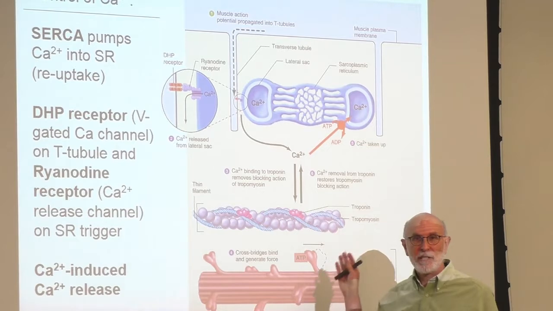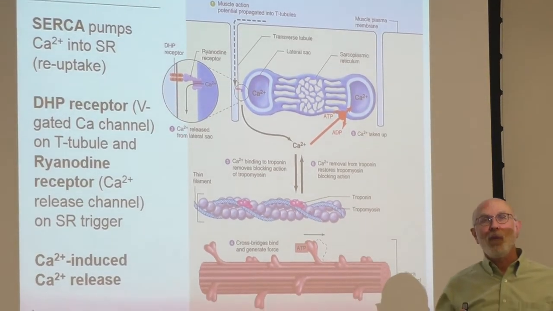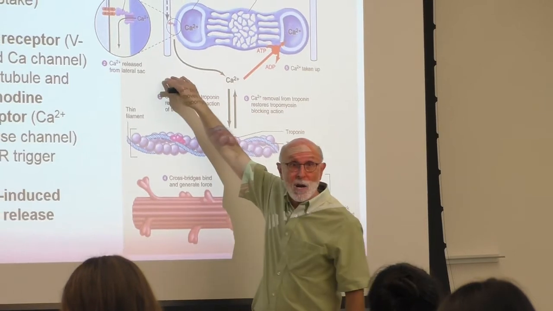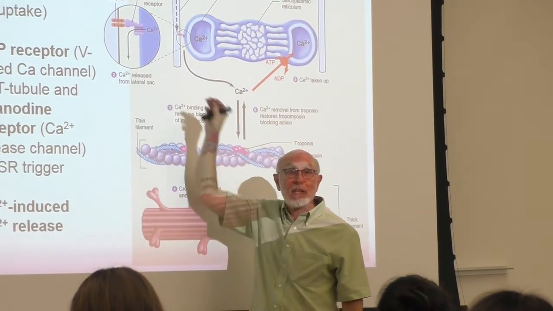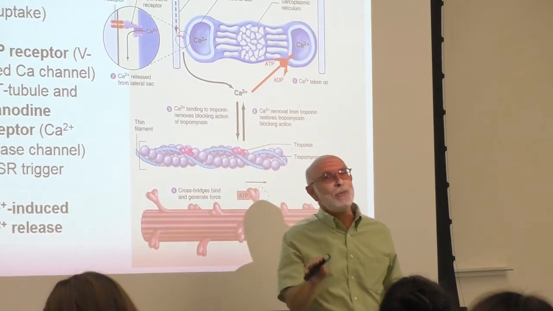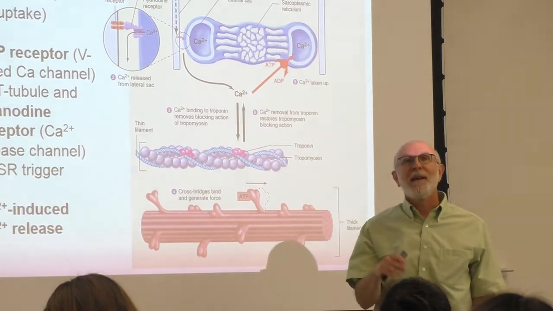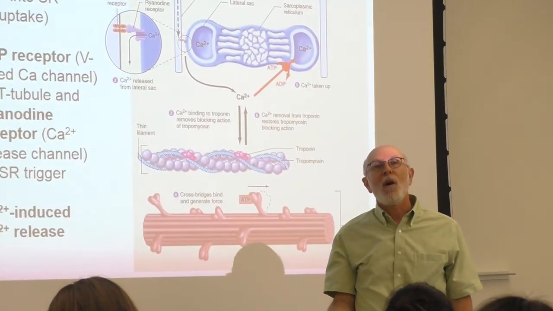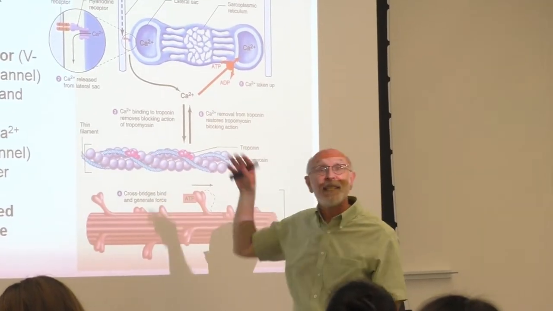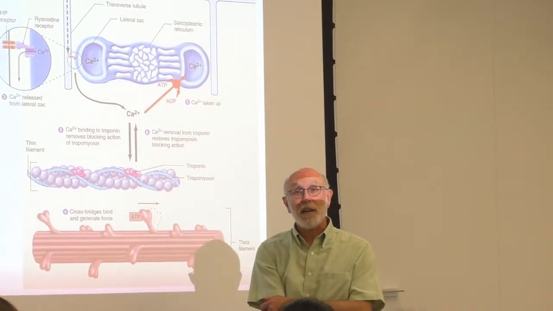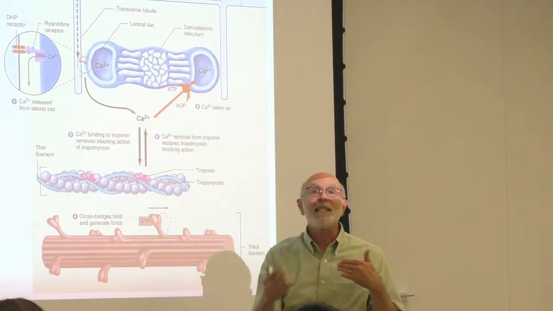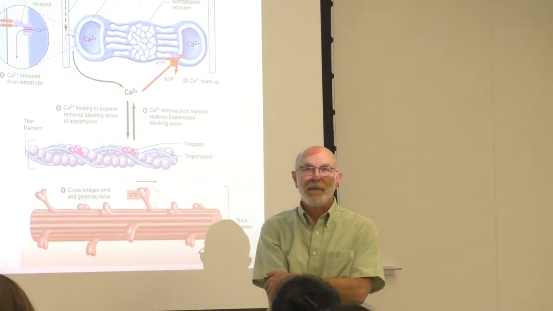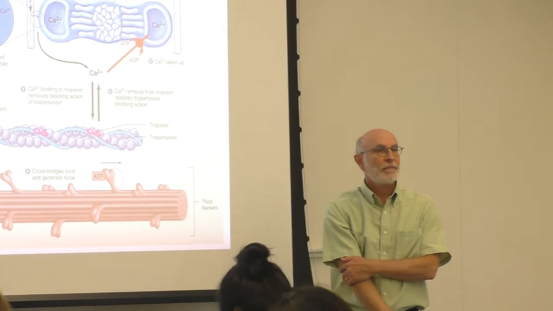In cardiac muscle, the more important mechanism for calcium release from the SR is this calcium-induced calcium release. When we get to smooth muscle in just a few minutes, IP3-induced calcium release is going to be important. This is similar to the IP3-induced calcium release of the Gq story, but it is not the same. Good question.